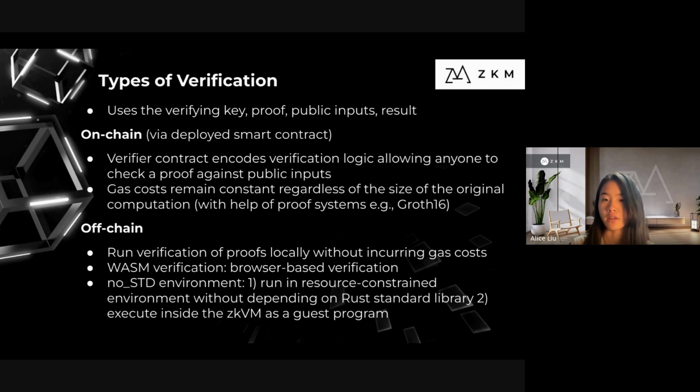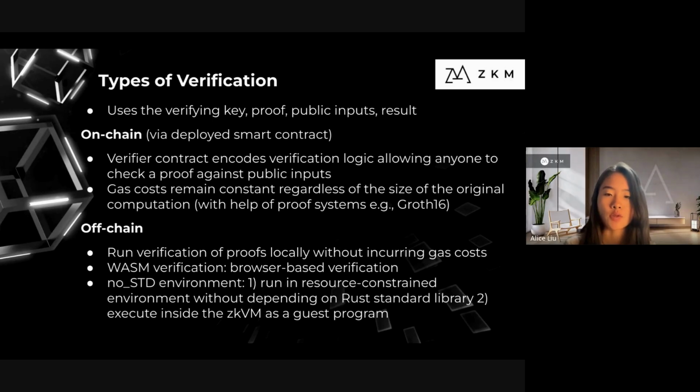One is on-chain. You deploy a verifier contract that encodes the verification logic, and that allows anyone to check a proof against its corresponding public inputs. The good thing about this is that it's verifiable by anyone. The disadvantage is that you need to pay for gas costs.